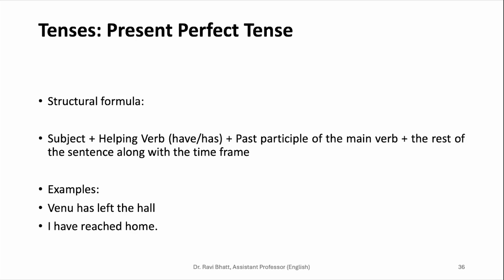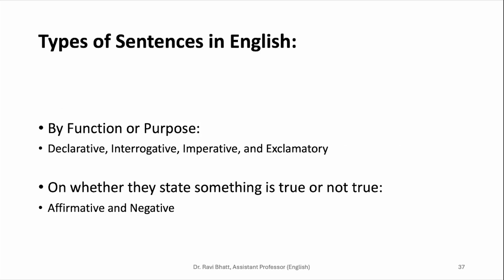The structural formula is subject plus helping verb have/has plus past participle of the main verb, plus the rest of the sentence along with the time frame. That is present perfect tense. Examples: Vinu has left the hall, or I have reached home. Let's see some of the examples.